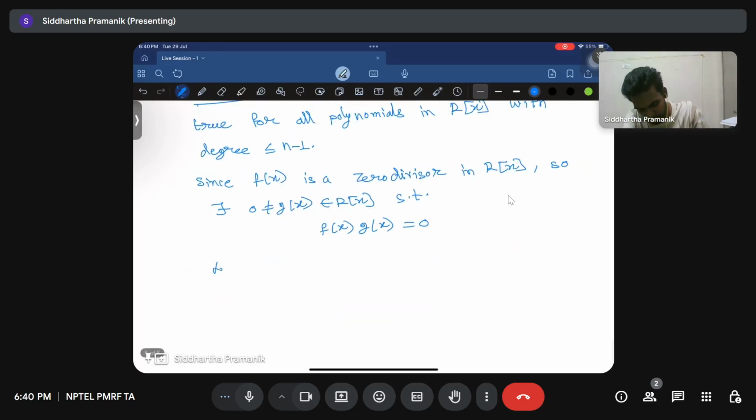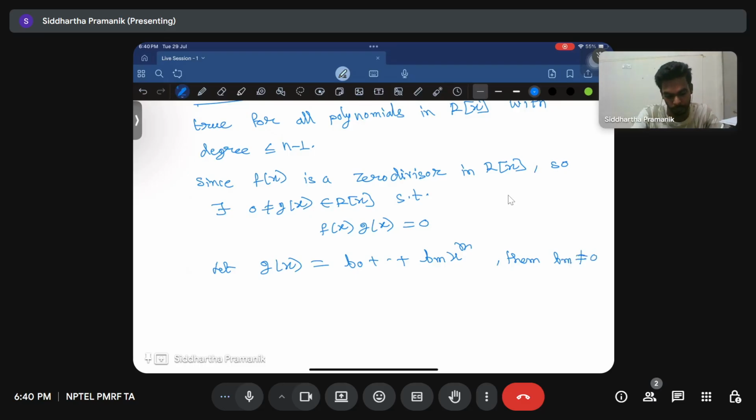Now let g(x) equal b0 plus up to bm x to the power m. Then bm is non-zero because it is the leading term.